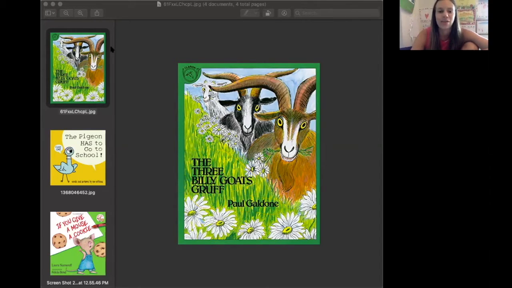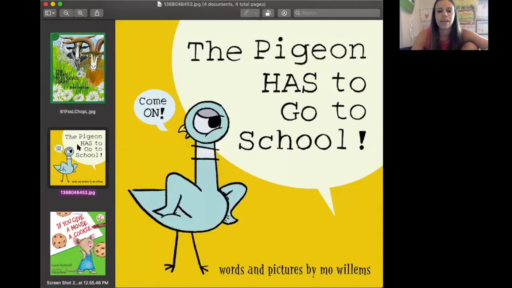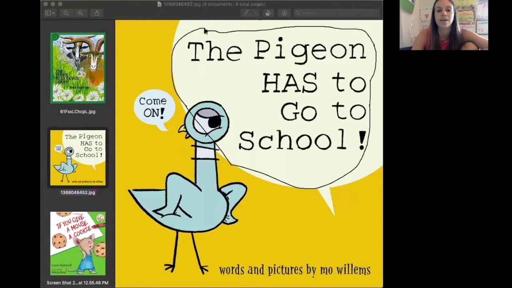Let's look at another one. All right, this is The Pigeon Has to Go to School. Where is the title of the book? That's right, this is the title. Usually the biggest words on the cover are the title. We also can use what we know about letters and words to help us. This book is called The Pigeon Has to Go to School.